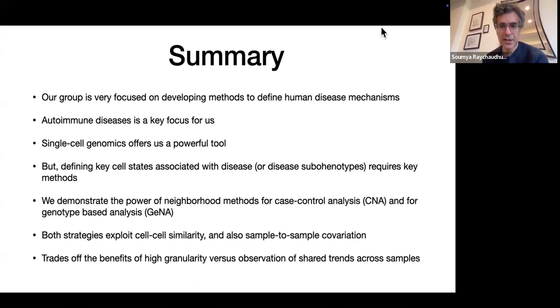It requires critical methods. We talked about neighborhood methods. We talked about GeNA and cNA, which we have been using to find case control differences and genotype differences. Both of these strategies exploit cell-cell similarity and also sample-to-sample variation. And that's been really important for us. And it trades off the benefits of high granularity versus observation of shared trends across samples.